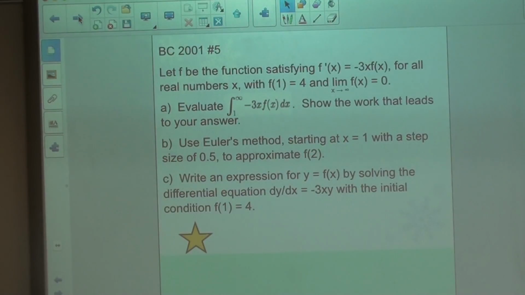Part B, hey, Euler's method. Let's see what you remember from yesterday, right? Start at x equals 1, with a step size of a half, get to x equals 2. So 2 iterations of Euler's method. And then part C, solve the differential equation dy/dx equals negative 3xy using the initial condition f of 1 equals 4. So, there we go. Get started.